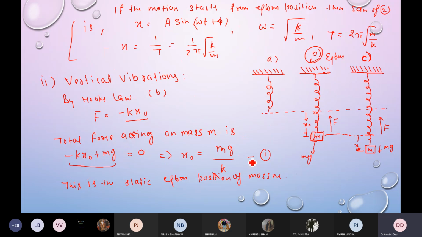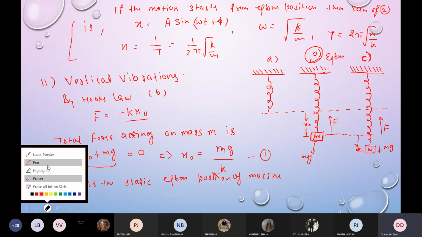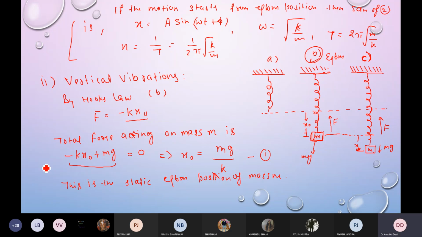We also know that k is equal to mg upon x naught, if you see equation number 1. You can take the k over here and x naught over here, so k is equal to mg upon x naught.